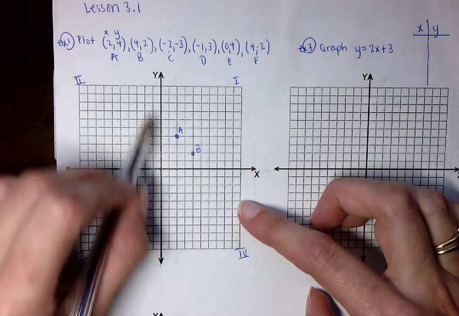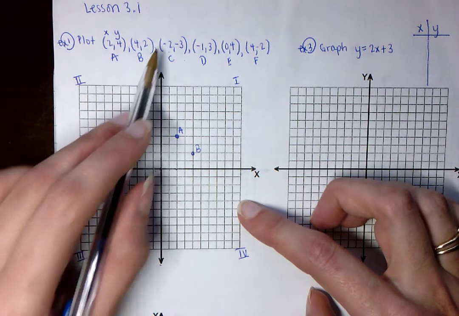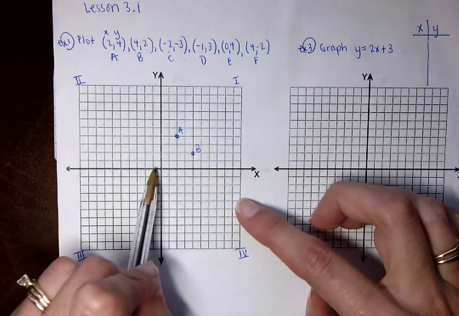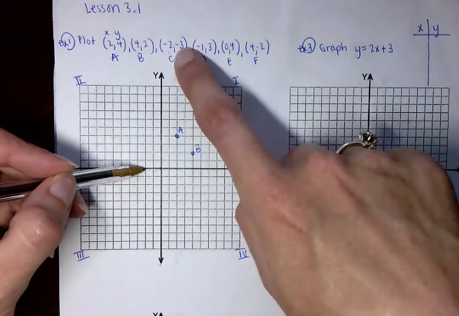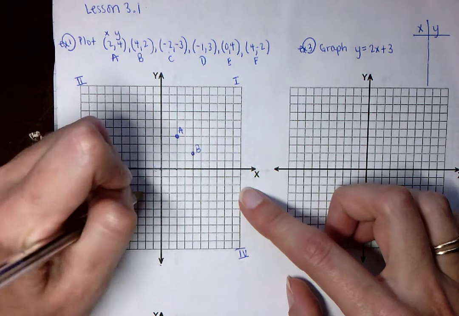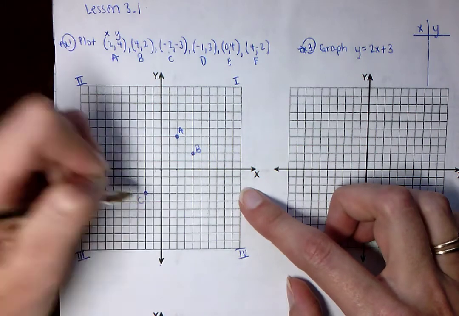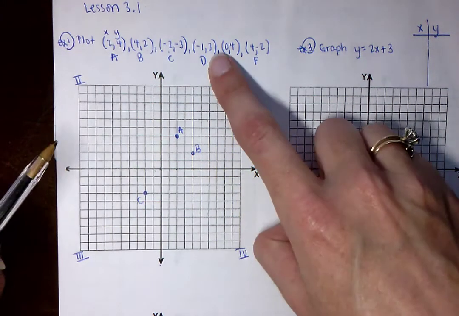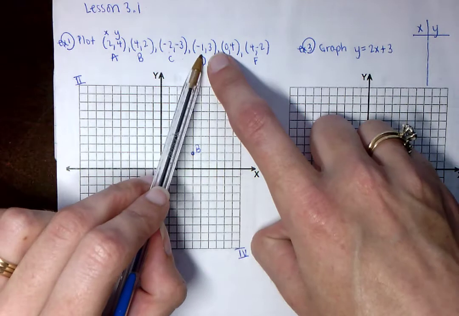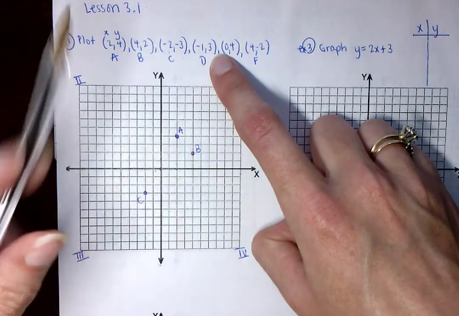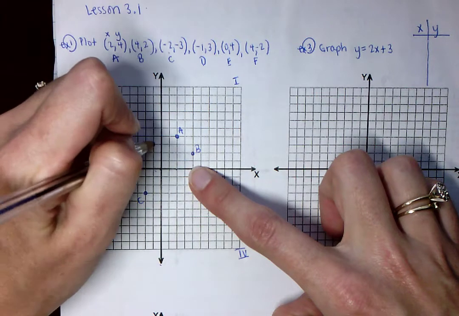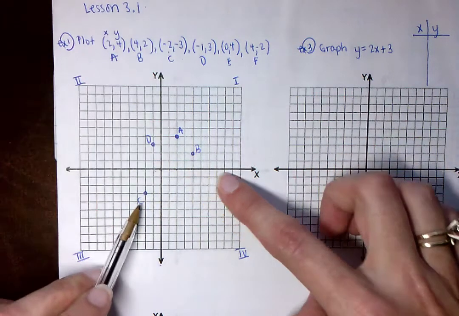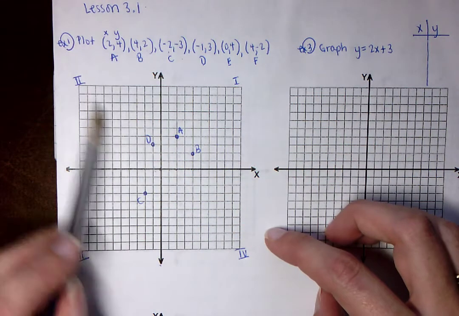So this negative is telling us direction. It's saying to go left 2, and then positive would be up, but this is negative, so you're going to go down 3. So that's point C. Point D is left 1, up 3. We go left and up. So far we've got C in our third quadrant, D in our second quadrant.